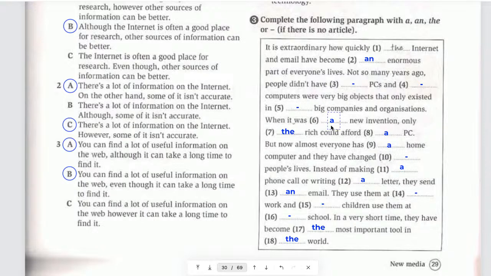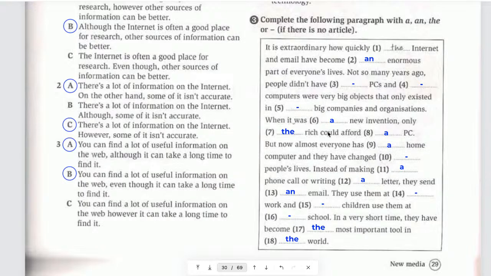Okay, when it was a new invention. Now, why do we need to use a in this case? Yes, because this is the first time you mention it, and that is singular, so that's why we need to use a.